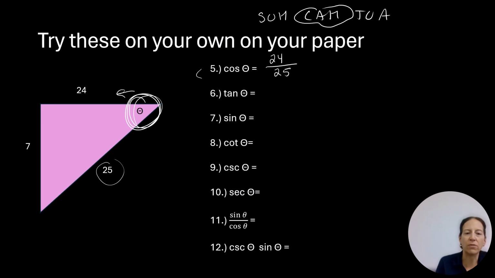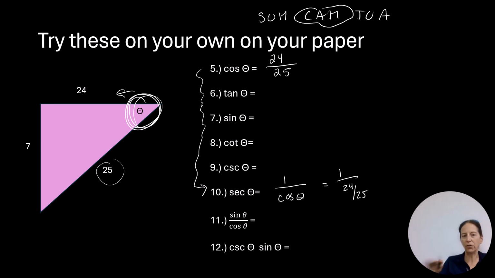Now I'm going to jump down to secant, because cosine and secant go together. Secant is 1 over cosine, and cosine is 24 over 25. So you've got 1 over 24 over 25. Now you could do this the long way.